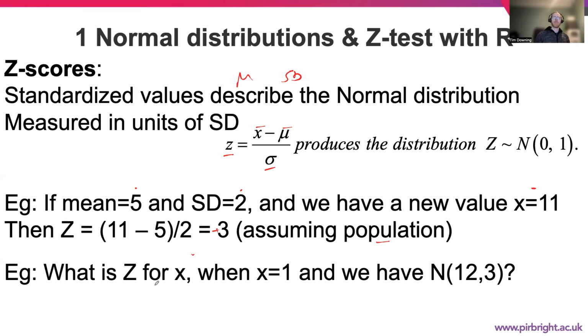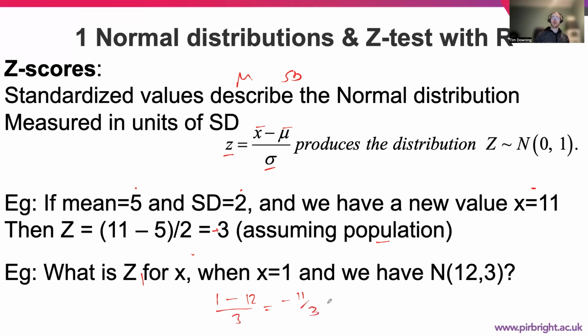What Z value will we get if X is equal to 1 and we have a distribution of 12 plus or minus 3? Then we just use the formula above. So we have 1 minus 12 over 3, which gives us a value of minus 11 over 3.